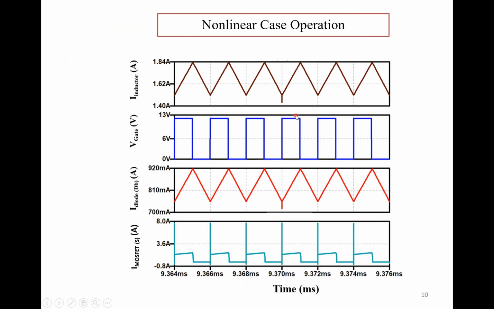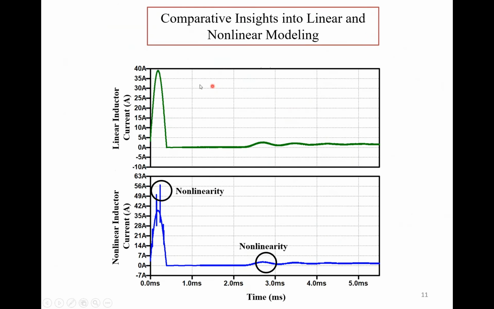In the linear one, we can see that the inductor current is very much straight. And in the nonlinear inductor current, we can see that there is nonlinearity, and it has increased inductor current compared to the linear model.